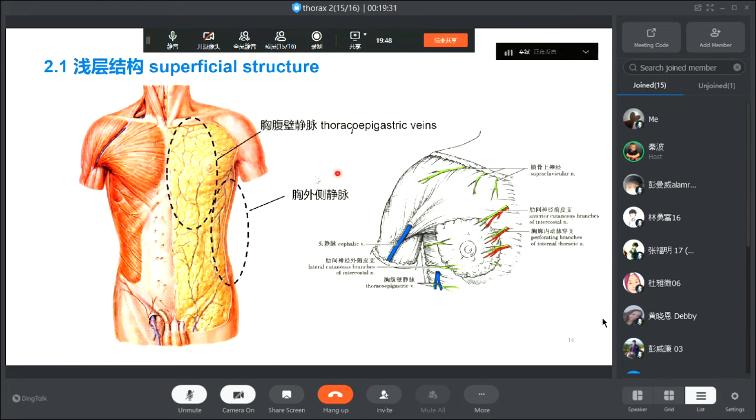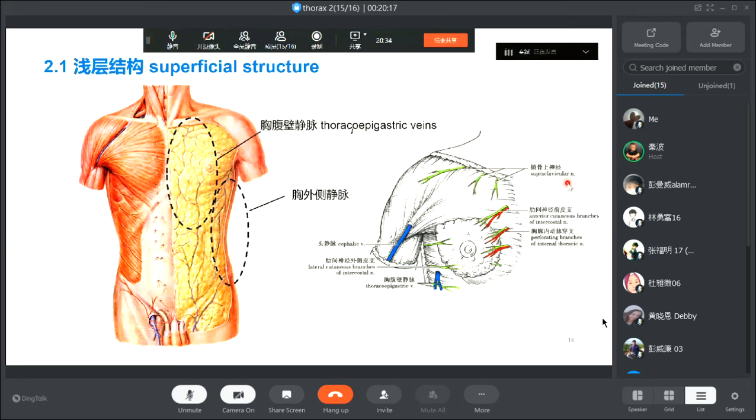This yellow region shows the superficial fascia, and in this layer there are many important structures. We can see some fat tissue, and the blue line shows a vein, the red line shows the artery, and the yellow line shows the superficial nerve.